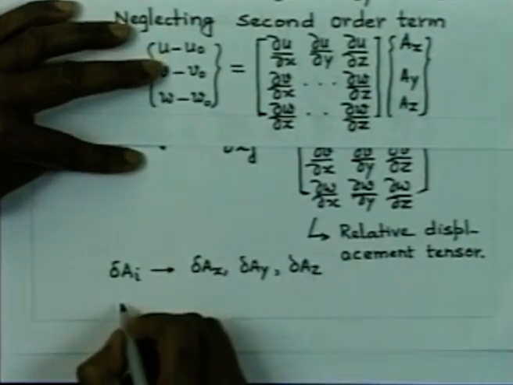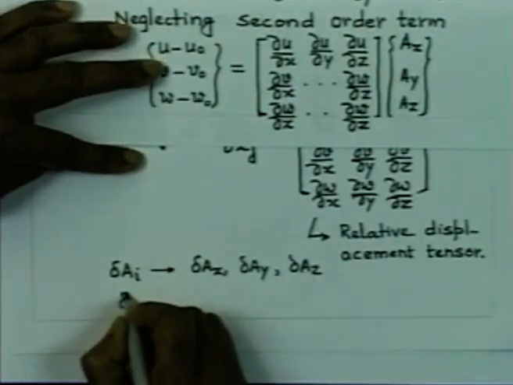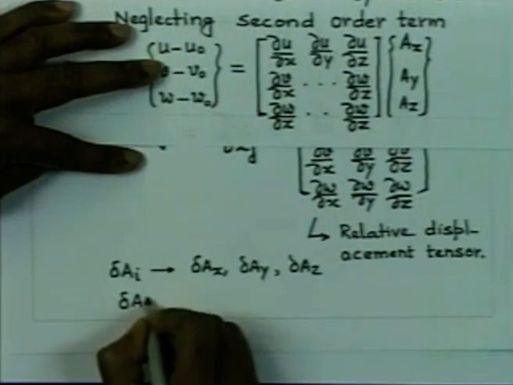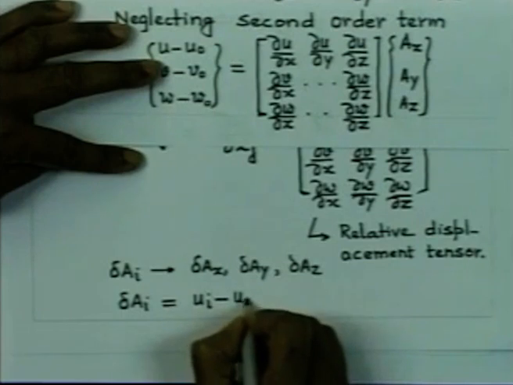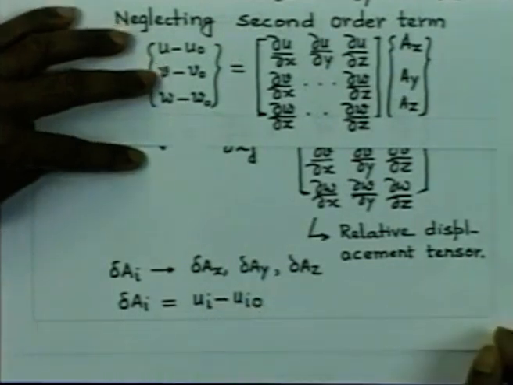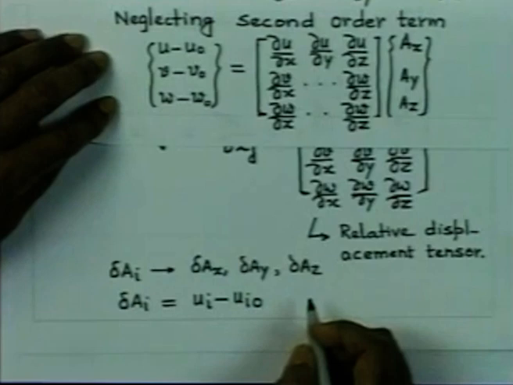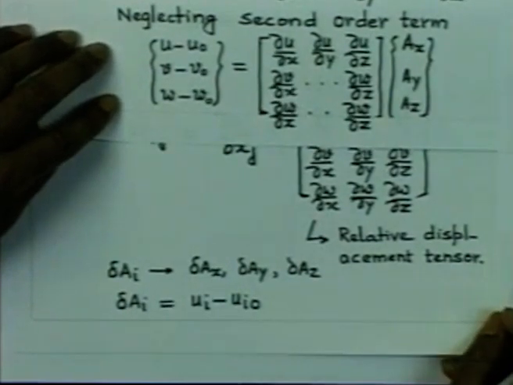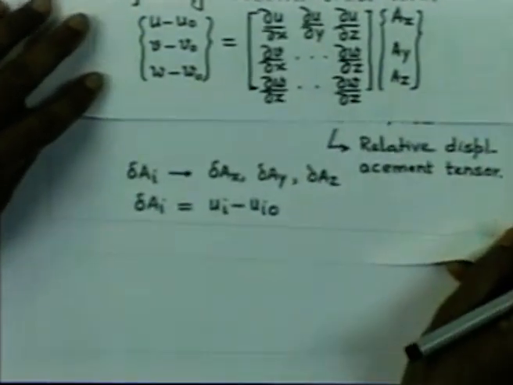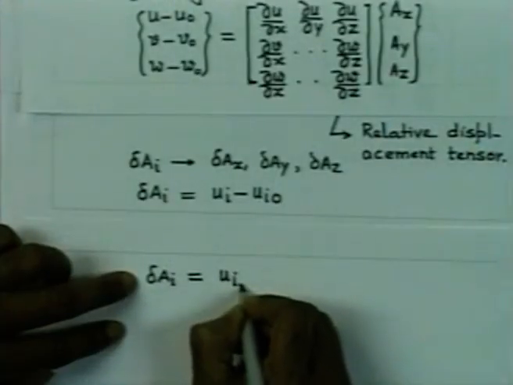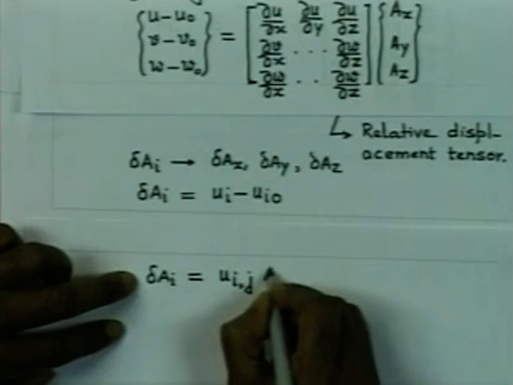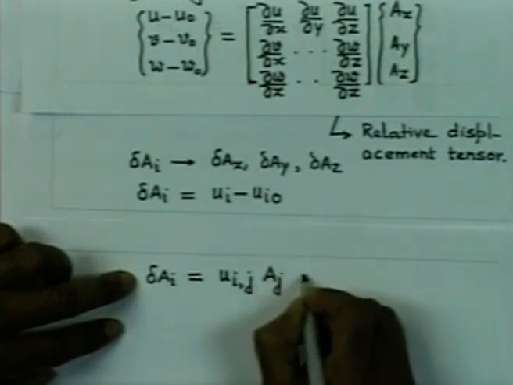Then it is very easy to realize that this delta ai is nothing but ui minus ui 0. So, we can now write delta ai is equal to ui comma j multiplied by aj.